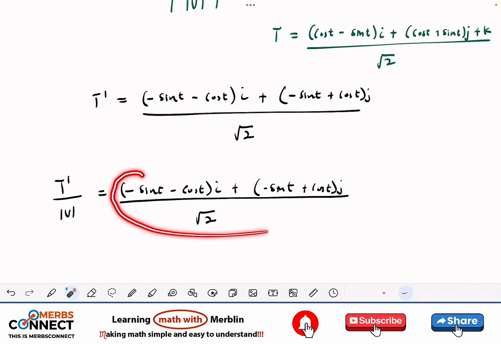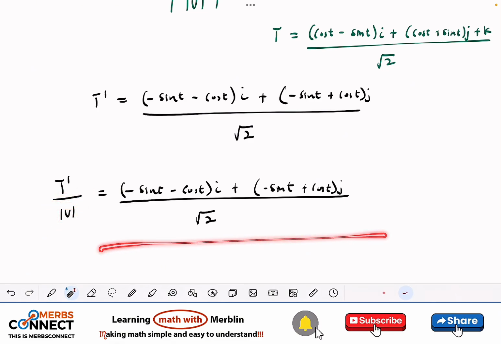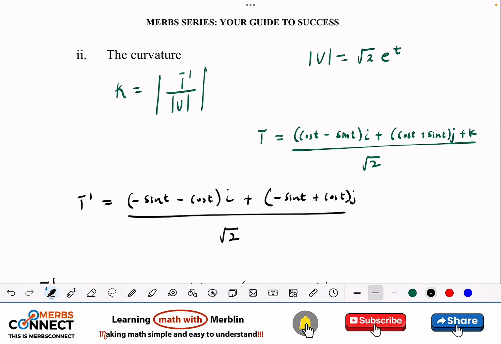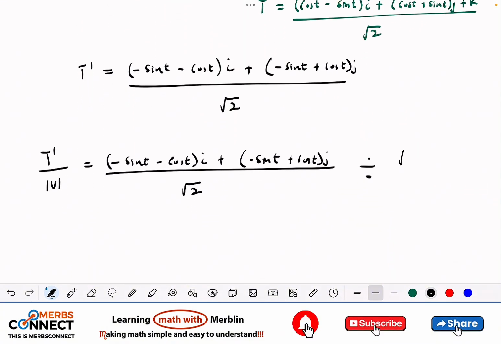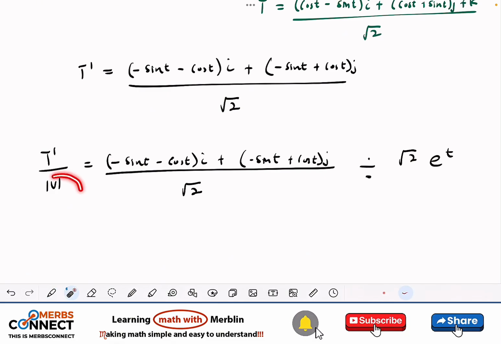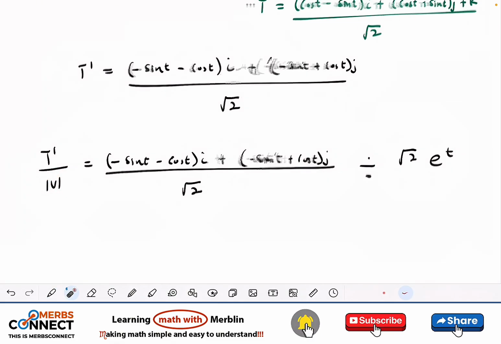So everything written here is basically T prime, and this is divided by the magnitude of this. So instead of going divided by, I'll go this way, divided by root 2 e to the power t, because divided by this and this is equal to that.